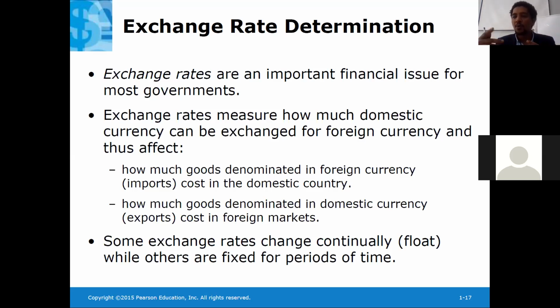And tomorrow, $1 could be exchanged for 1,200 Korean won, okay? And the day after tomorrow, maybe 1,300 Korean won, okay?